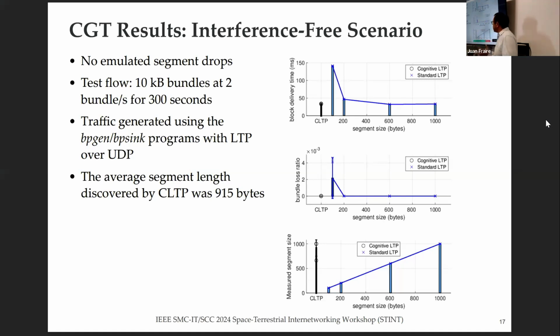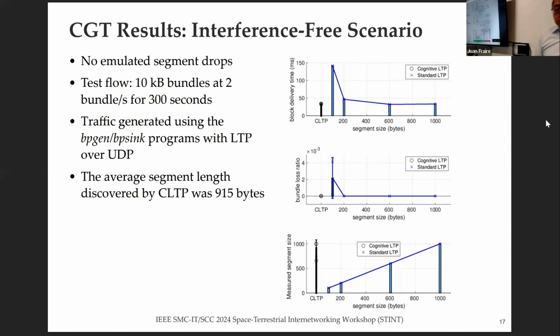The MTU was 1005, I believe, 1005 bytes, right? So the method actually discovered that that maximum value was the best to be used. And again, we see that it is correlated to the results of the delivery time, which match the manual setting of the segment size, at the lowest delay, also at the lowest bundle loss ratio.